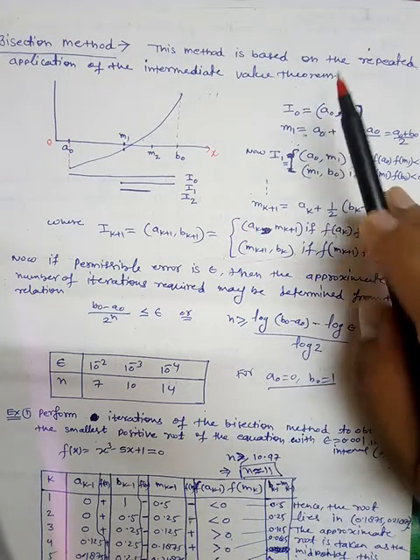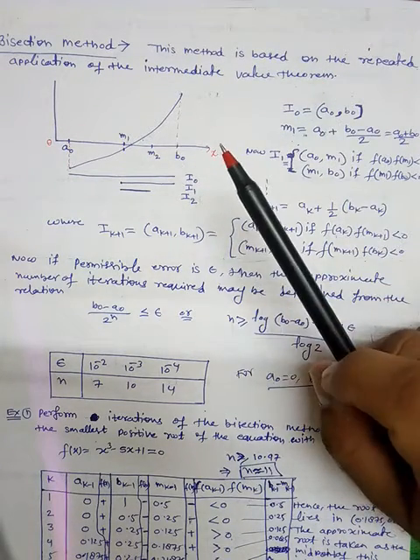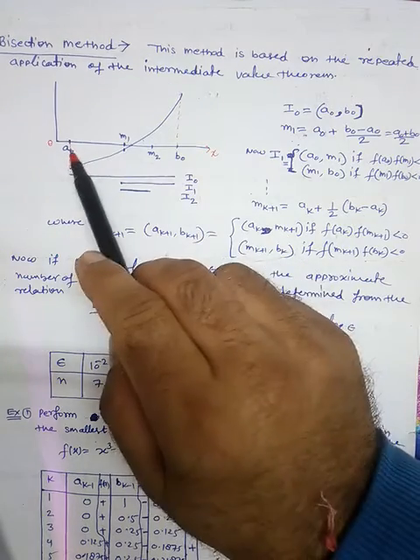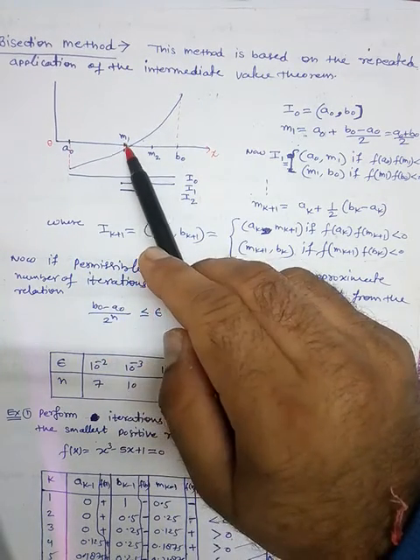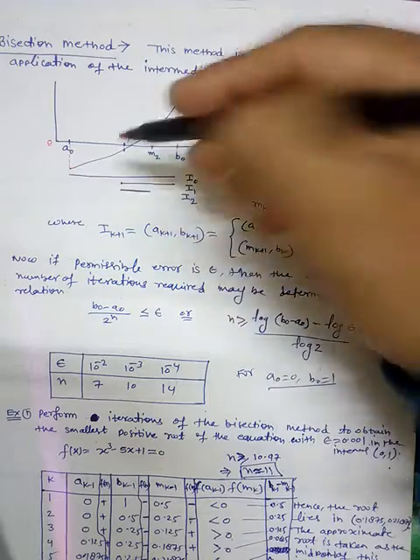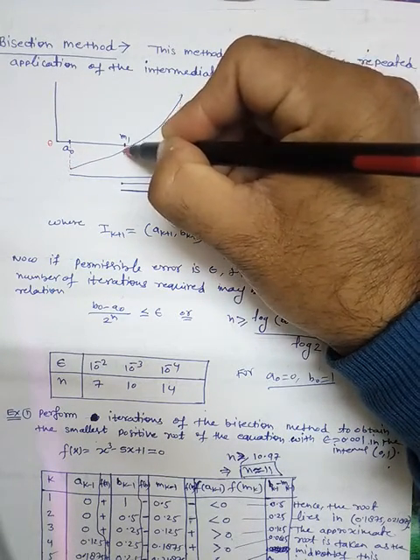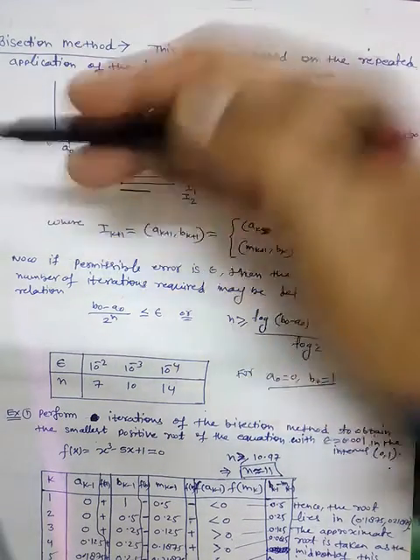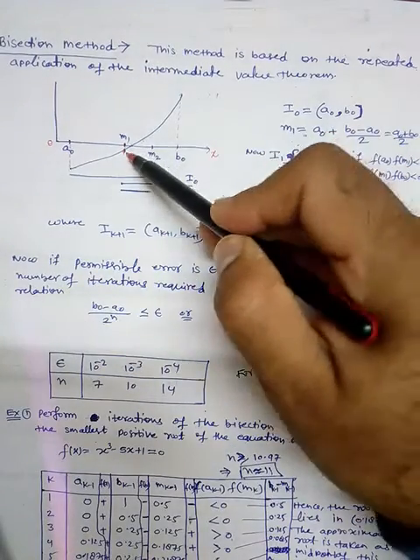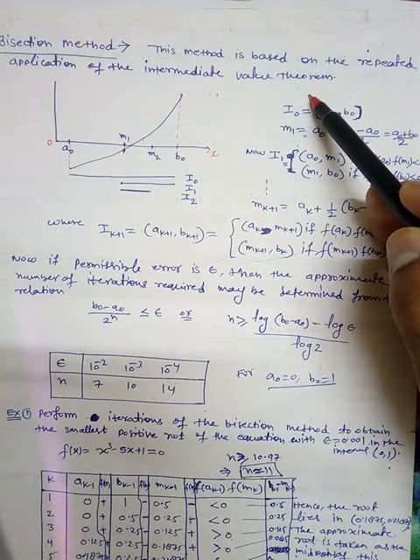The functional values at the endpoints should be of opposite sign. If you select a0 m1, you will see the value here is negative, and the function value f of m1 is again negative, because this is in the lower half. So the intermediate value theorem is not applicable.